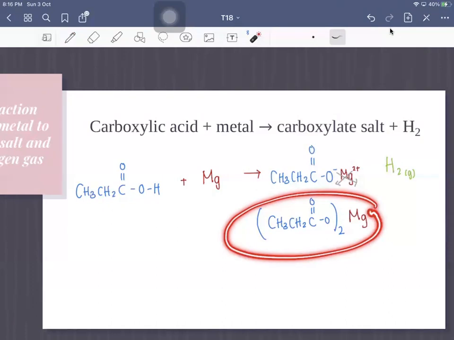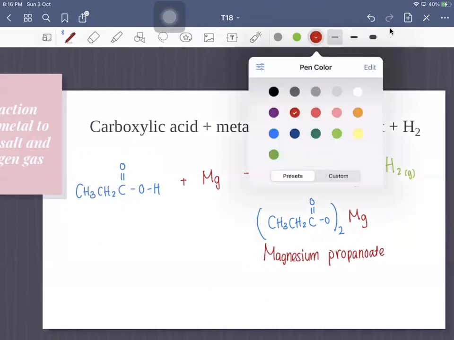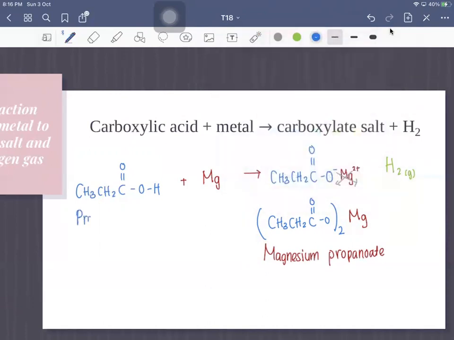To balance out the charges of 1 magnesium, you need 2 units of propanoate ion. So the name of this is magnesium propanoate salt, and this originates from propanoic acid.